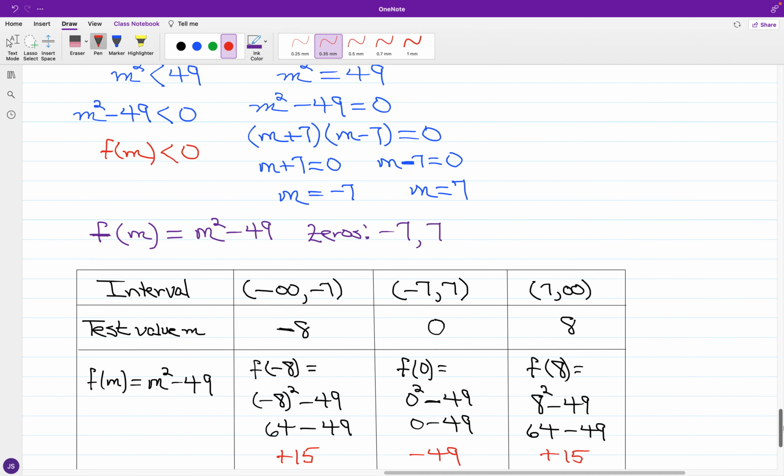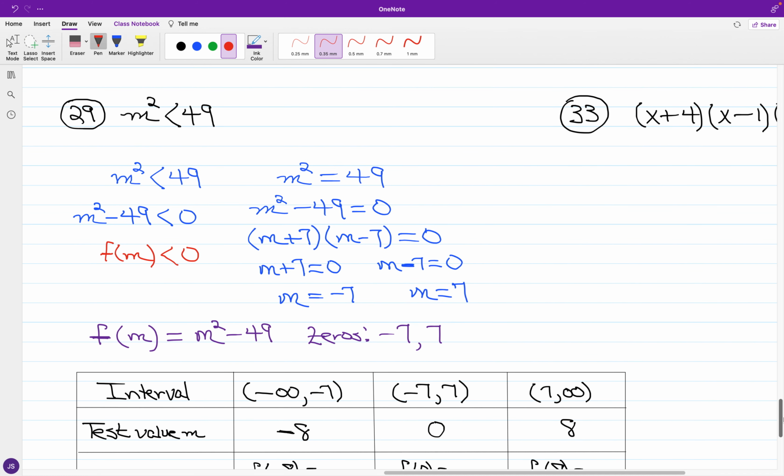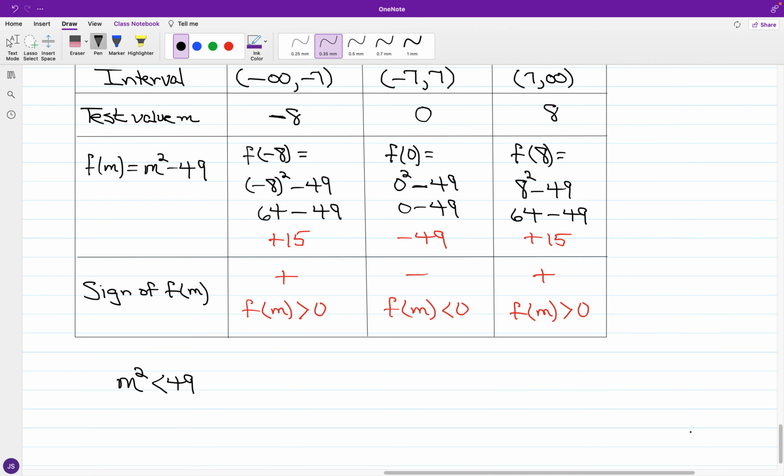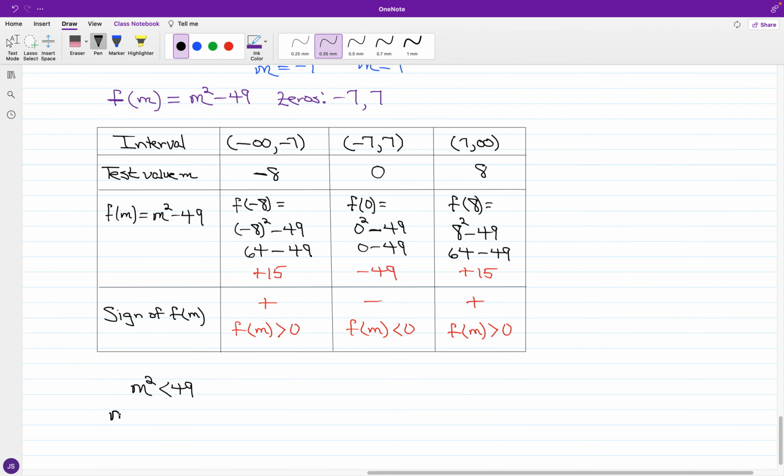All right, so we started out with m squared is less than 49, and again, having translated in terms of a comparison to zero inequality, this is where we have f of m is less than 0.